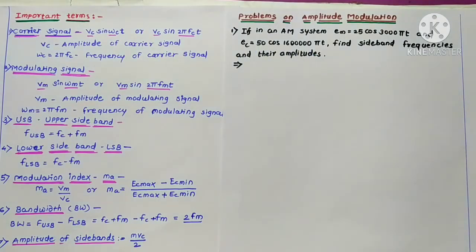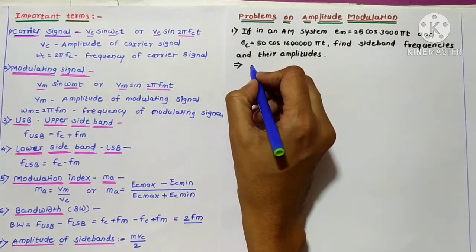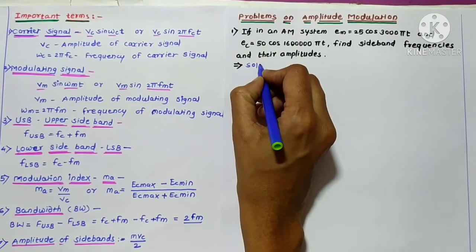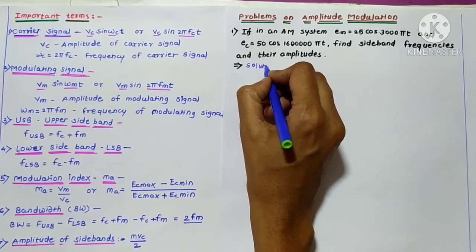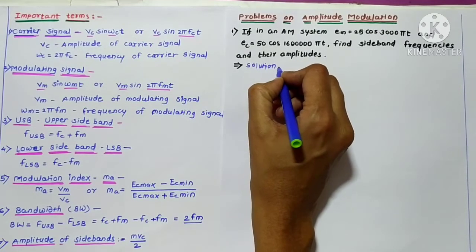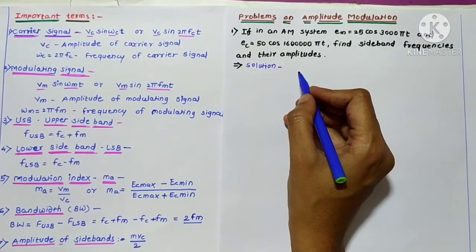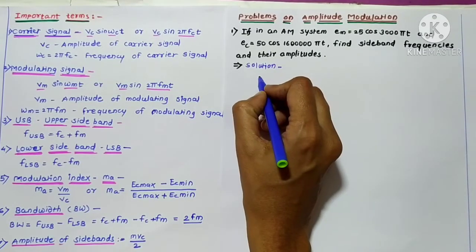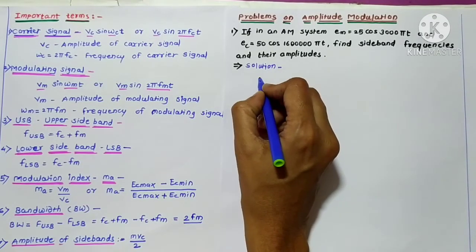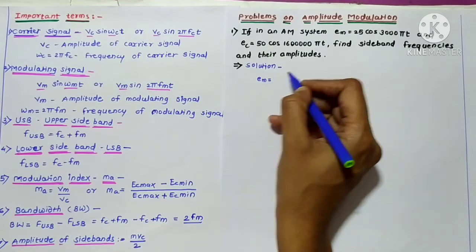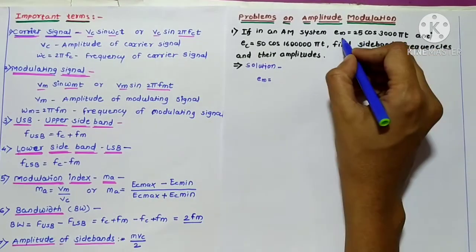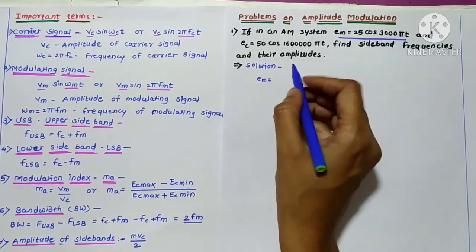So first we have to write down the given things. Solution. Now first you have to write down the equation EM. Students, tell me, this equation is given for modulating signal.